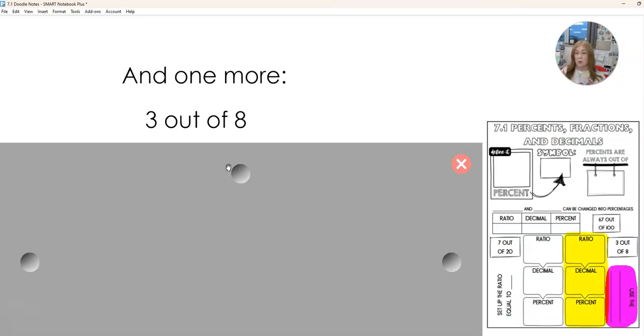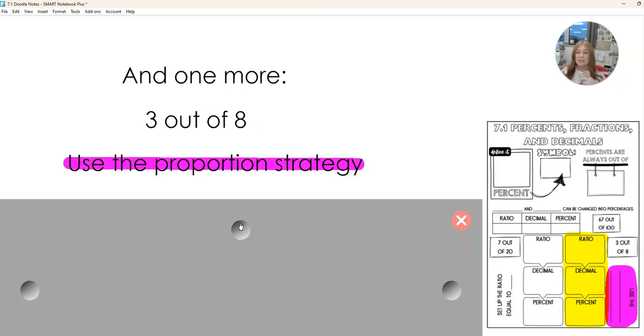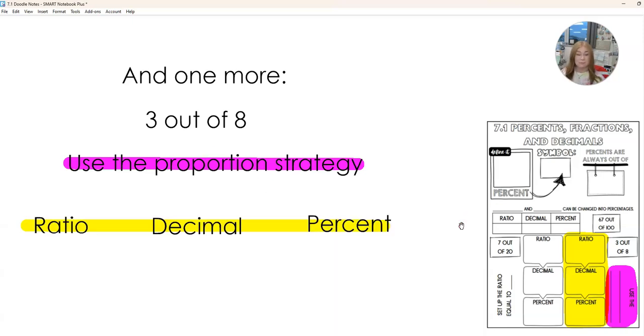So let's try one more. This one is 3 out of 8. And 8 is not going to go perfectly into 100. When I count by 8s, I don't say 100. So this time we're going to use the proportion strategy that we learned about with ratios. We set it up 3 out of 8, and we want it to be out of 100, so we're looking for this number here.